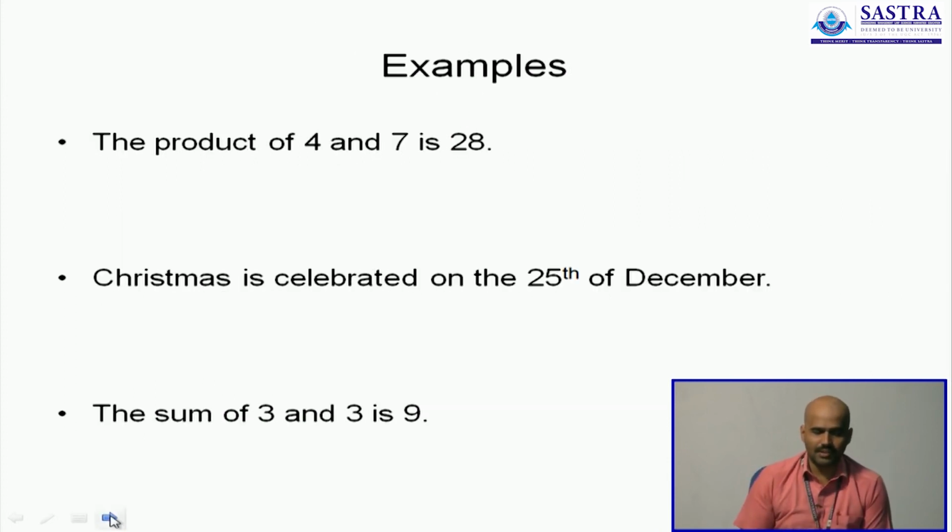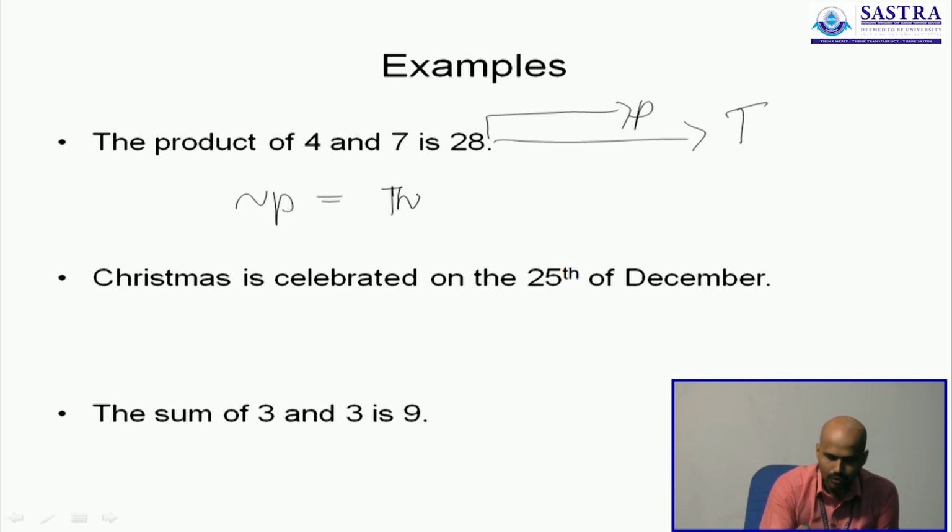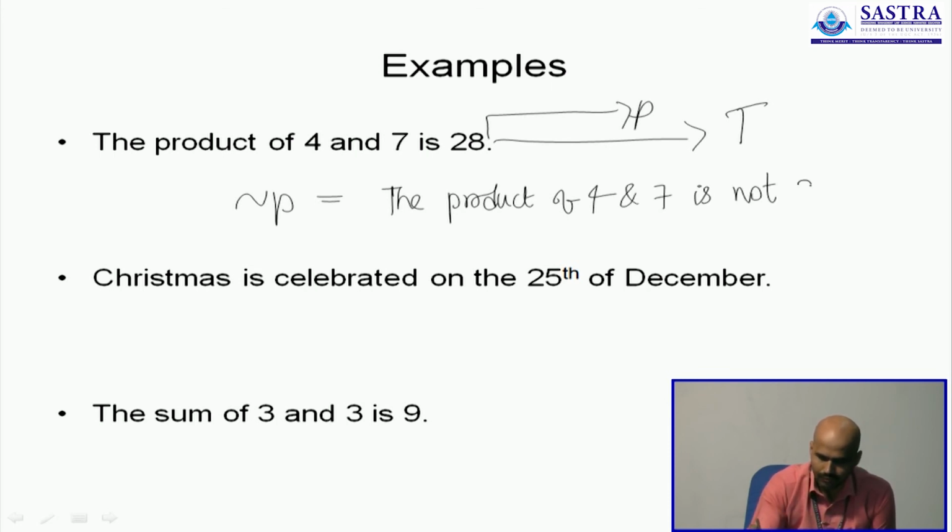We have a couple of examples here. The product of 4 and 7 is 28. You know that it is a true statement. It takes up the truth value T. Let's call this statement P, then negated P will be: the product of 4 and 7 is not 28. Now we are not speculating whether the product is 27 or 29 or 30.